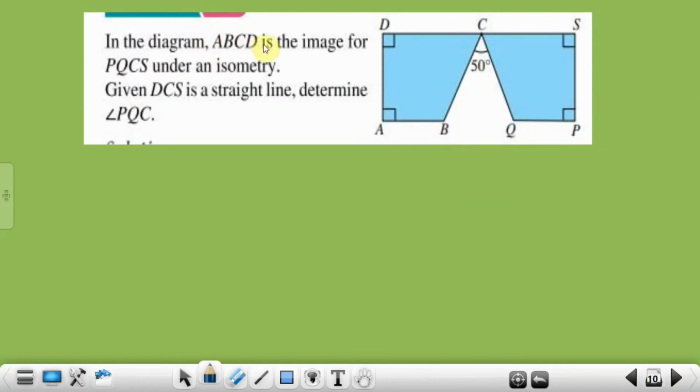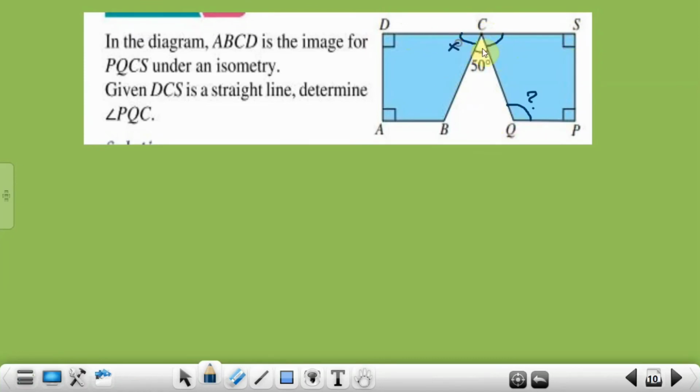Okay, in the diagram, A, B, C, D is the image for P, Q, C, S under an isometry. Given DCS is a straight line, determine angle PQC. So we want to determine this angle. How do you solve this? First of all, these two are congruent images. So this angle will have the same angle as this. Angle DCB will equal to SCQ.